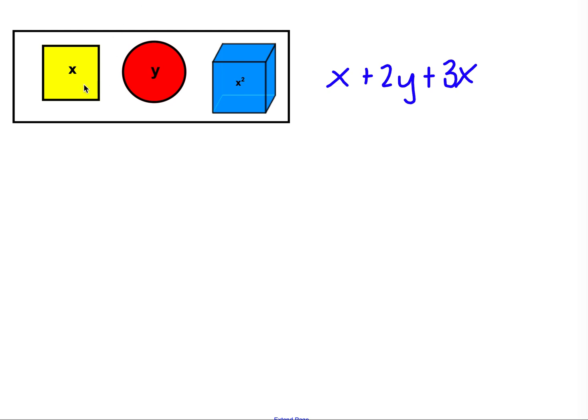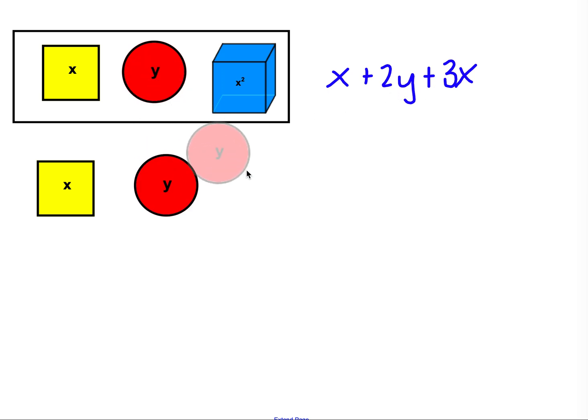So let's see, I have 1x, the number in front tells you how many, and if there's not a number in front, like this one, it doesn't have a coefficient, that means the coefficient is 1. There's 1x. Okay, so I have my 1x, I need 2 y's, and then I need 3 x's.